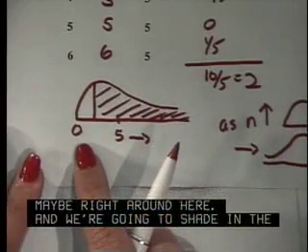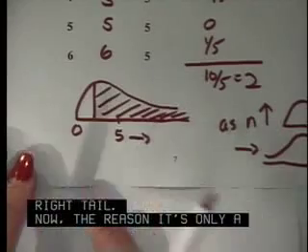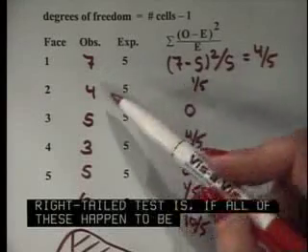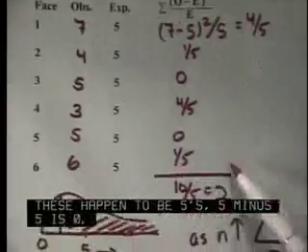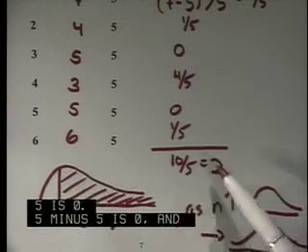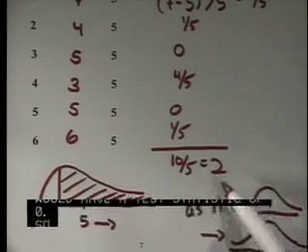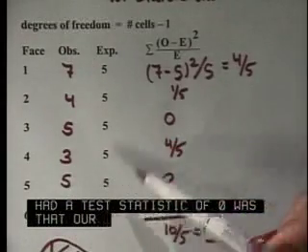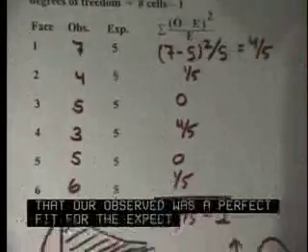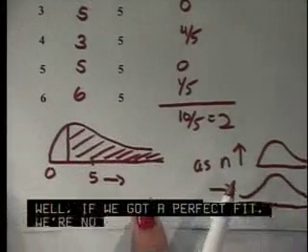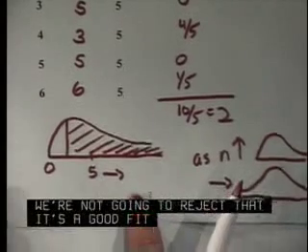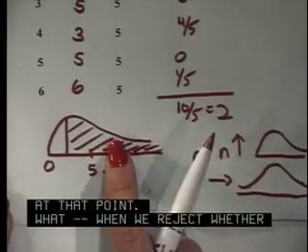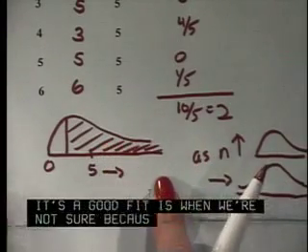Now, the reason it's only a right-tailed test is if all of these happen to be 5s, 5 minus 5 is 0, and so on, we would have a test statistic of 0. What that would tell us is that our observed was a perfect fit for the expected. Well, if we got a perfect fit, we're not going to reject that it's a good fit. We reject whether it's a good fit when the data is so far off.